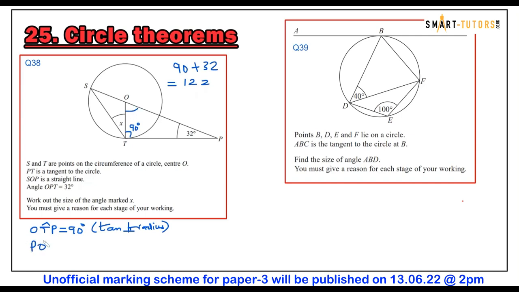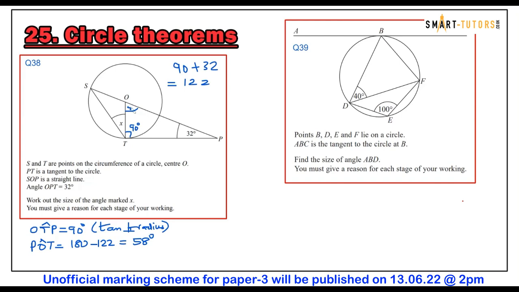And you can find out the POT. So POT is equal to 180 minus 122, which is 58. So 58 is the POT.